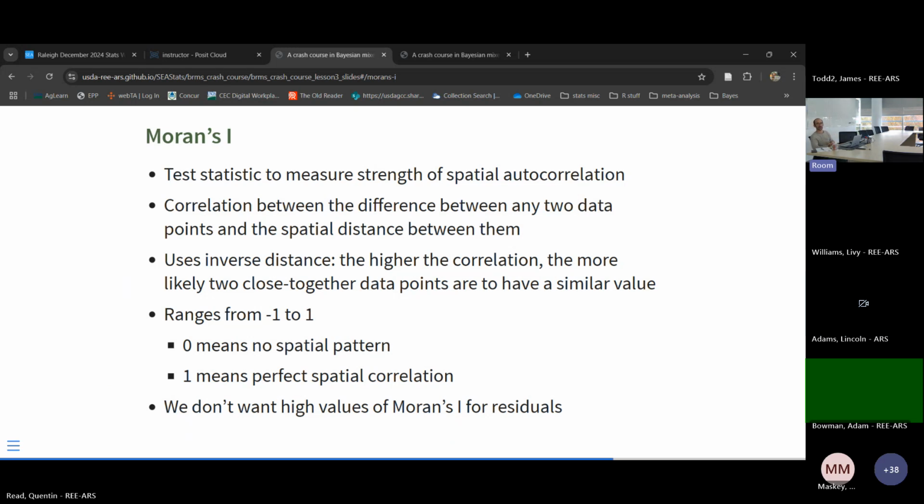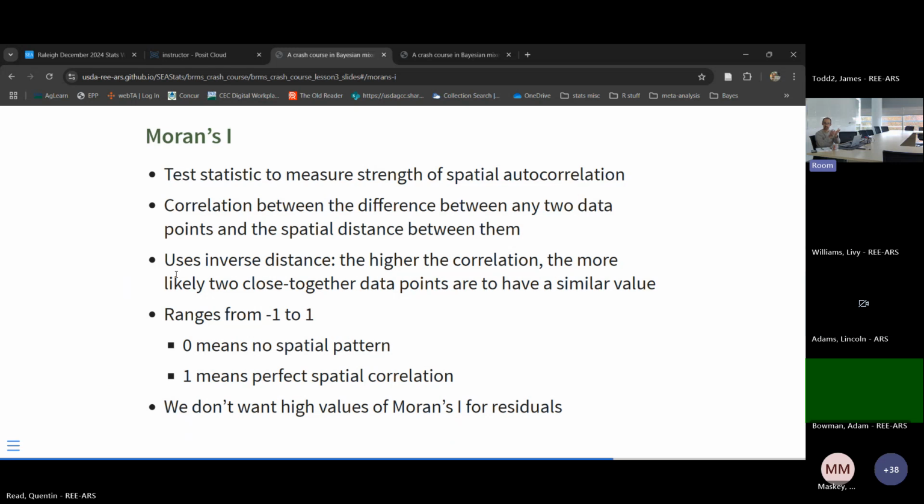And it's the inverse distance. So basically, the higher the Moran's I is, the more likely that two close data points are to be correlated, so they tend to have a similar value. So if Moran's I is very high, there is a spatial autocorrelation in the residuals. And we don't want that. That would be bad.